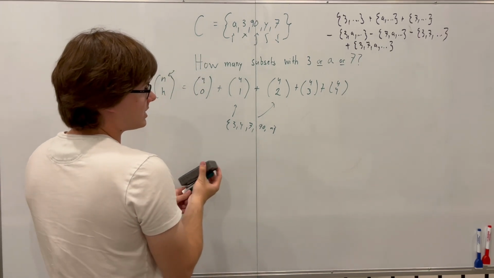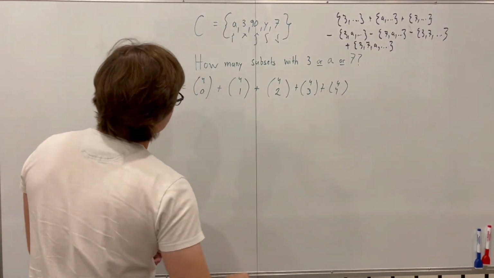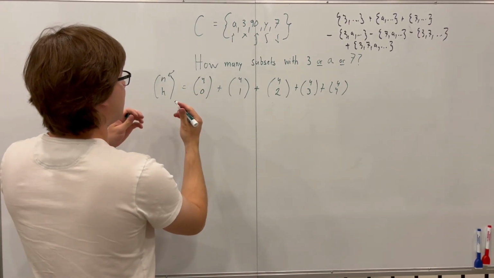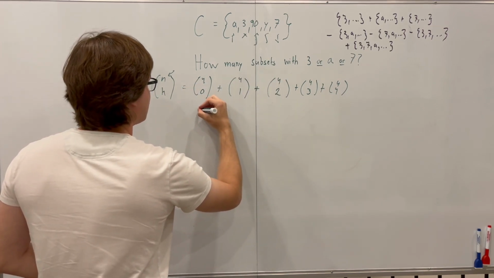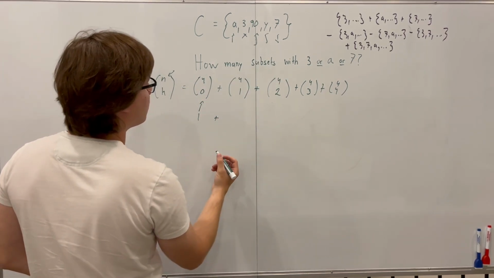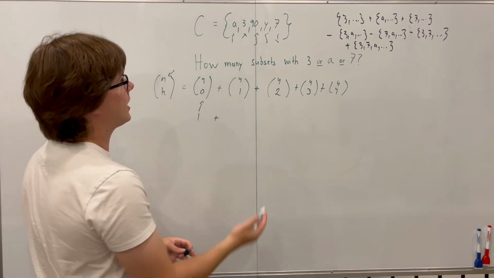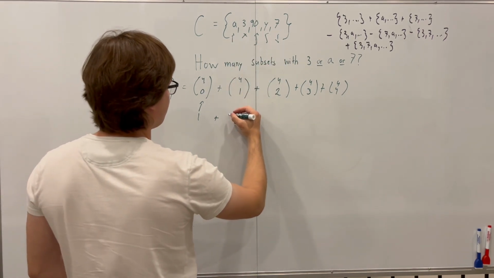Well, there's only going to be one way you can add nothing to this subset already including a 3. So that's going to be 1 plus, there's only 4 ways you can add 1 element to a subset already including 3.